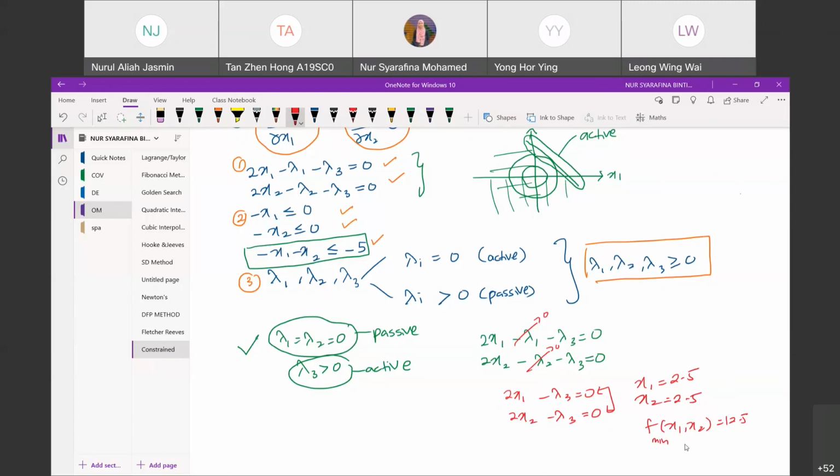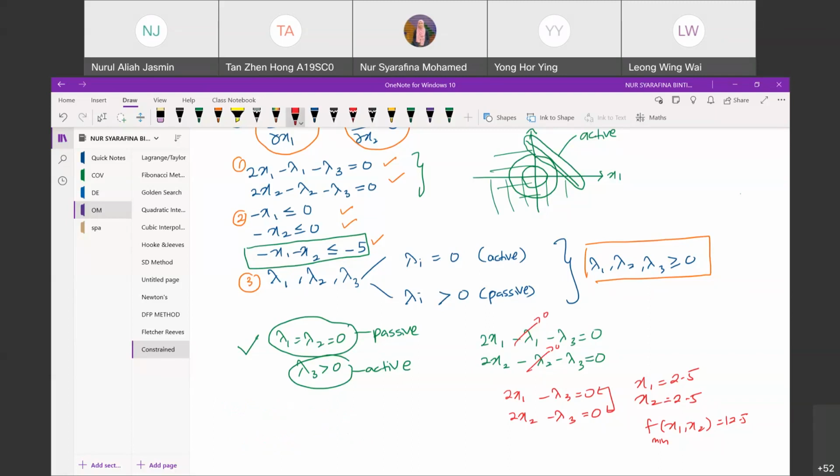But if we don't know which lambda is passive or active, we need to test. Maybe lambda 1 and lambda 2 equal 0, what happens to lambda 3? And then another test, lambda 1 and lambda 3 equal 0, then what happens? So you need to write down one by one. That is if you don't know which constraint is active or passive.